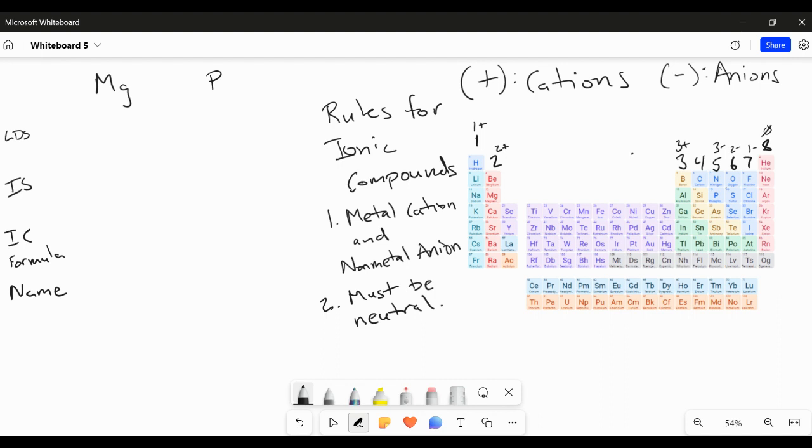Okay. So magnesium is in group 2, so it's going to have 2 valence electrons. Phosphorus is in group 15, so it has 5 valence electrons.